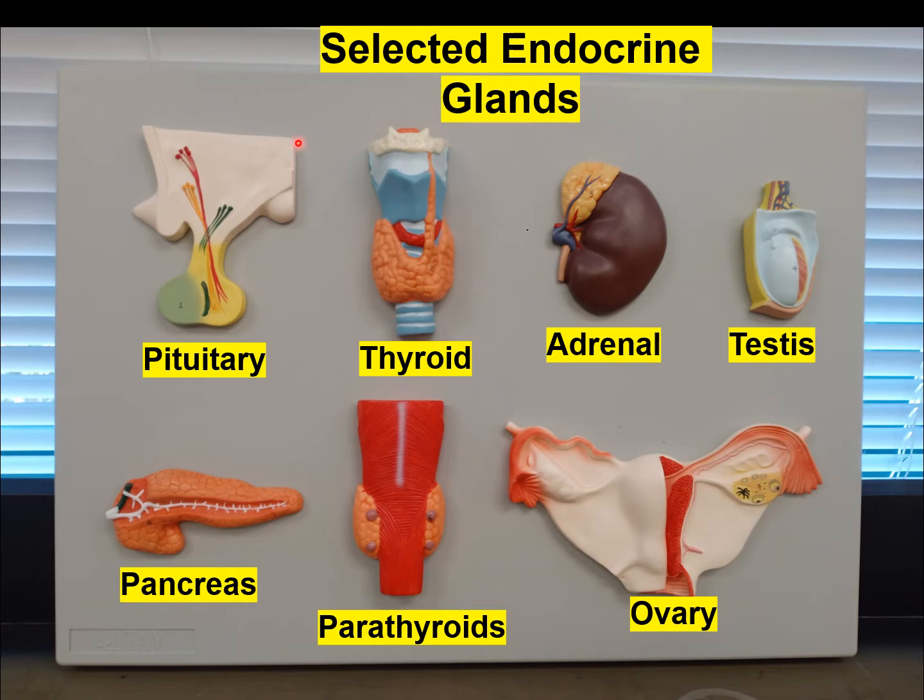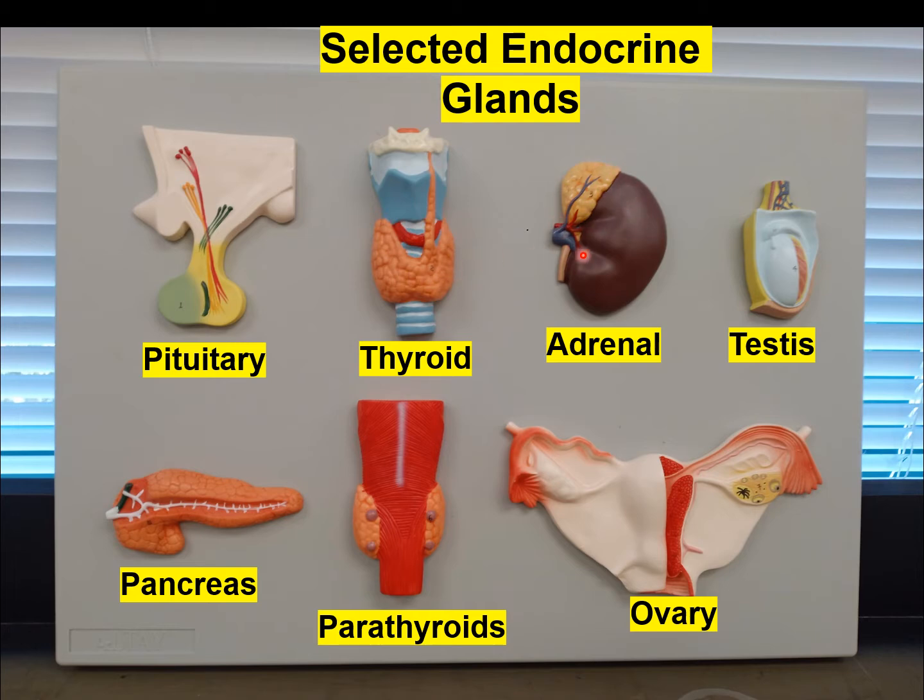Here we have various endocrine glands. First, we have the pituitary gland, which hangs off of the hypothalamus by a stalk called the infundibulum, which is indicated here. Second, we have the butterfly-shaped thyroid gland, which is found just below the larynx, and it is made up of two lobes connected by an isthmus.